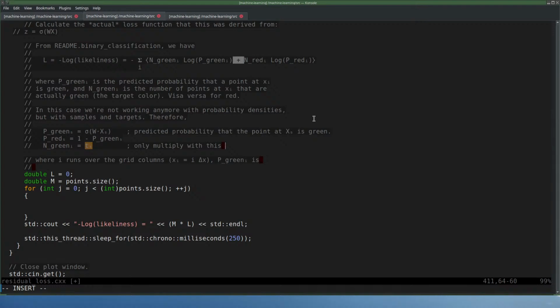Nah, it's the addition. Let's do add. Only add this term if it's a green point.